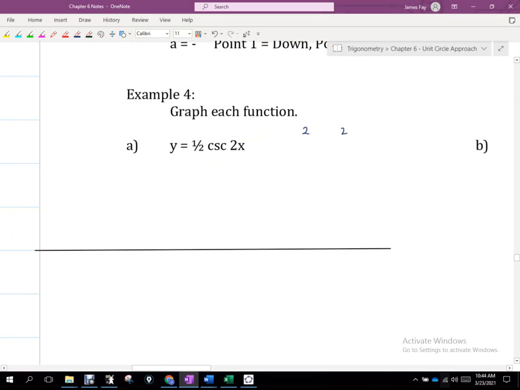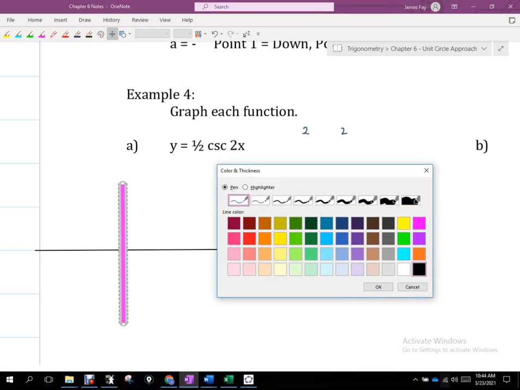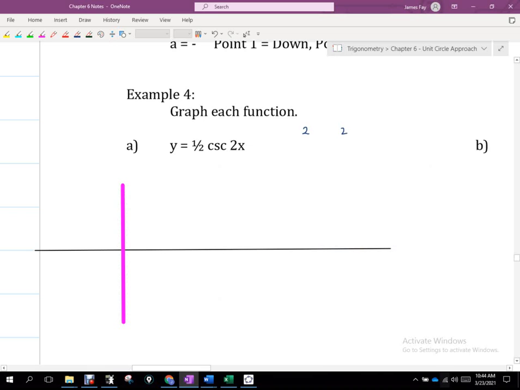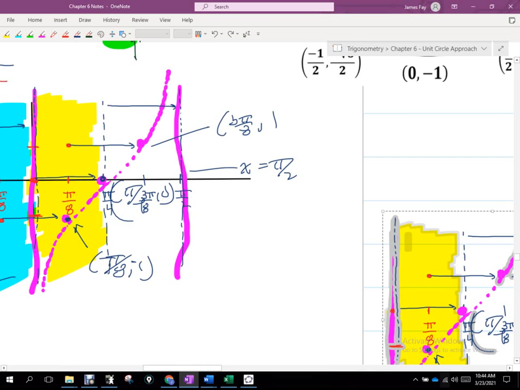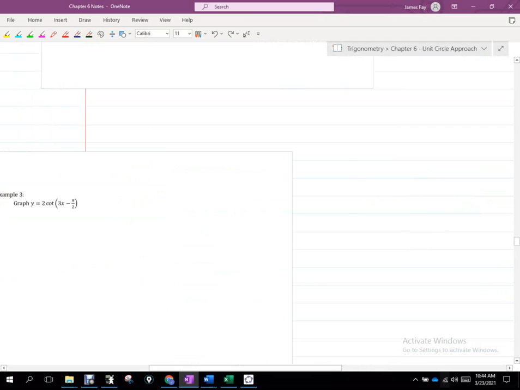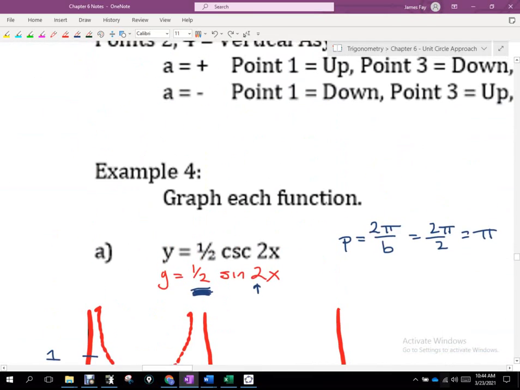The approach with cosecant and secant is a little bit different than what we've done so far, because with everything so far we have done the direct use of parent function points.